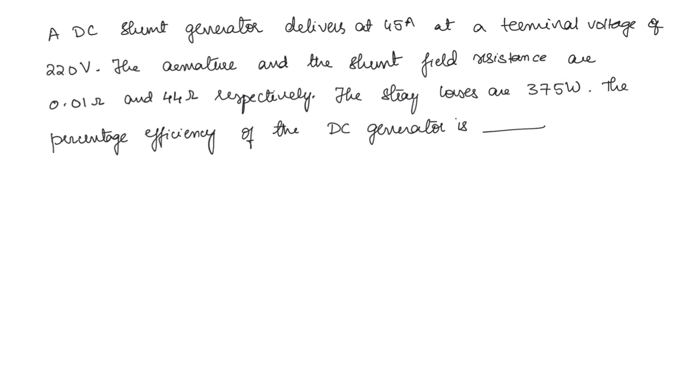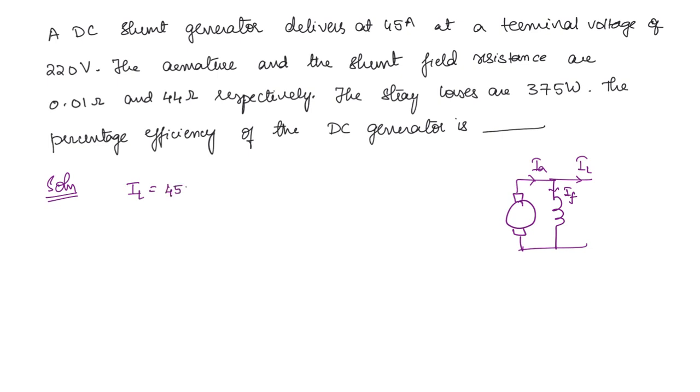So this is also an efficiency question. This is a generator, a shunt generator. So what will be the current directions? This will be IA, this will be the load current, and this will be the field current. Now what are all the information that is given? It delivers 45 amperes at a terminal voltage of 220. So since it is given as delivering, we will take it as the load current.